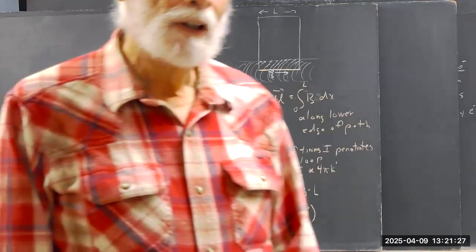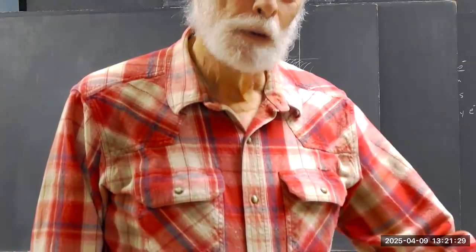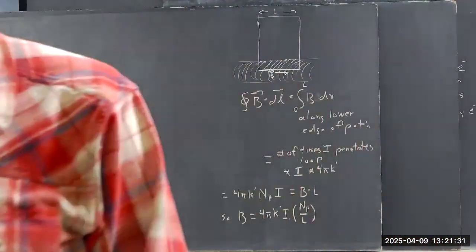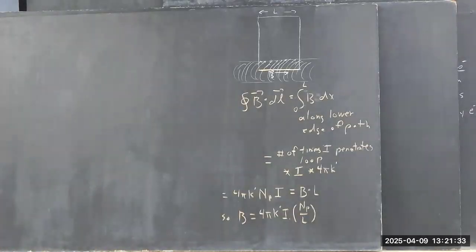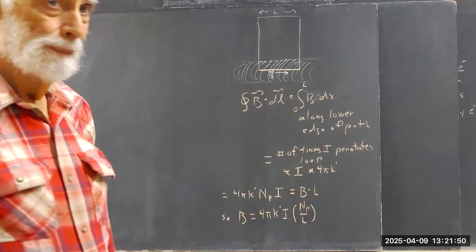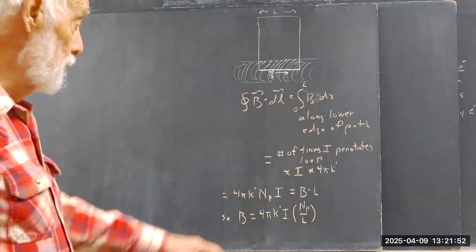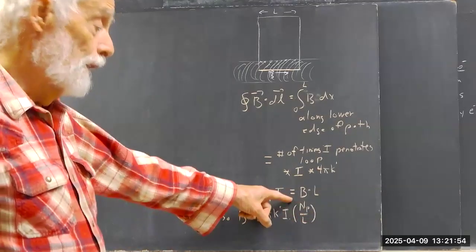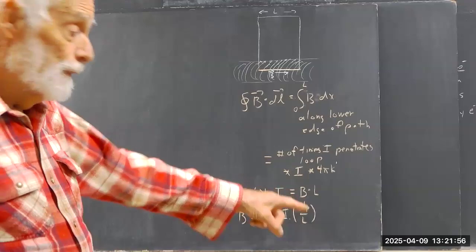And your book uses N for that, not for the number of loops. And that's pretty universally and traditionally done. It's just I find that confuses people a little bit. If I want to talk about this in terms of the number of loops per unit length, okay? So I just want to use Ampere's law says count the number of loops.